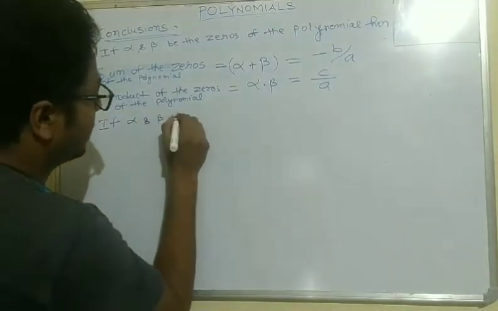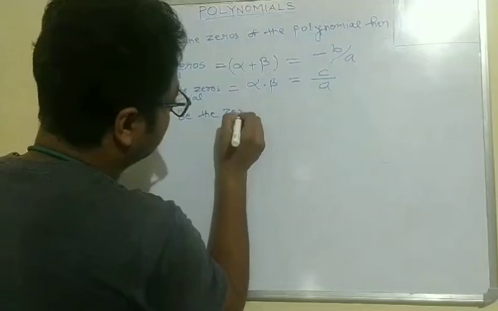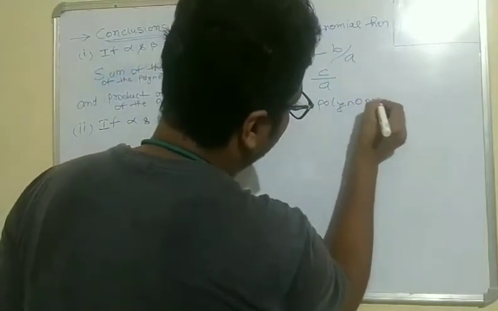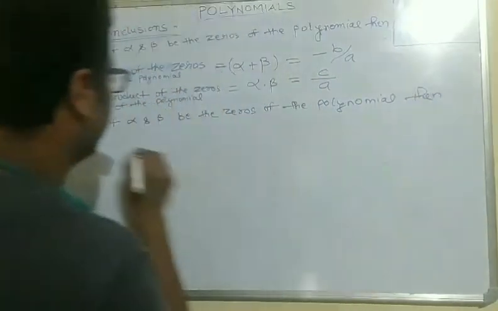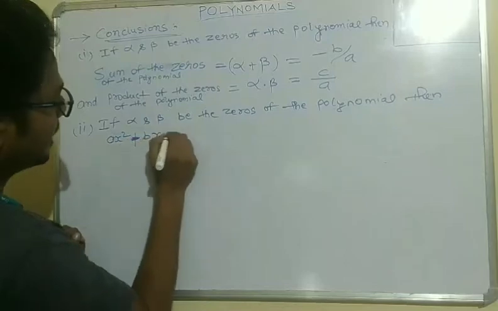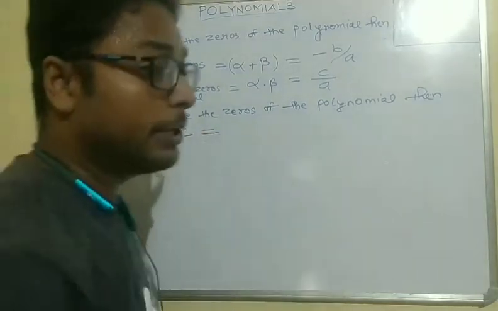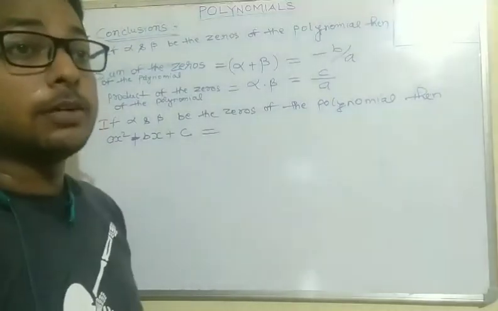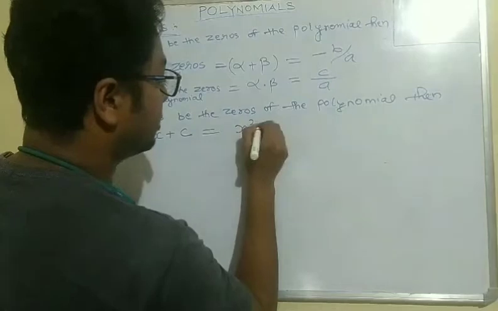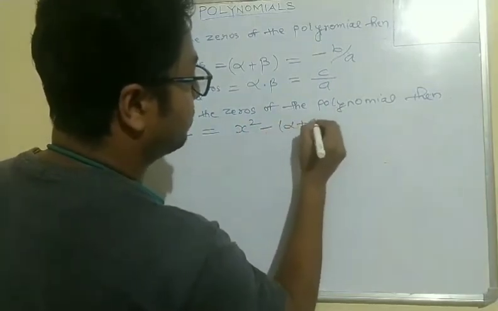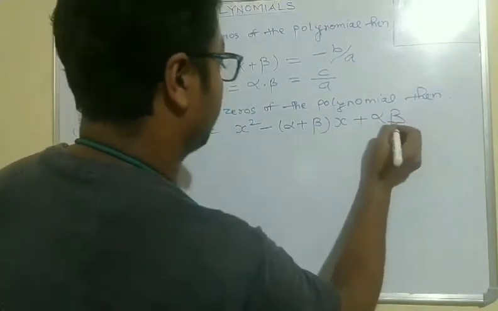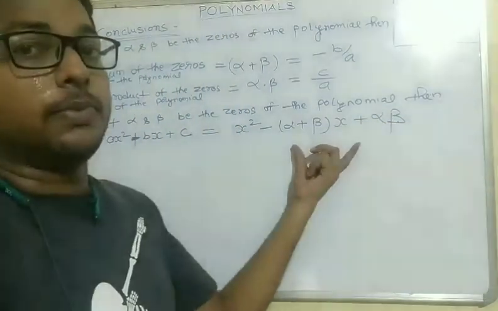Then ax square plus bx plus c can also be represented as x square minus (alpha plus beta) x plus alpha dot beta. Both equations are the same.